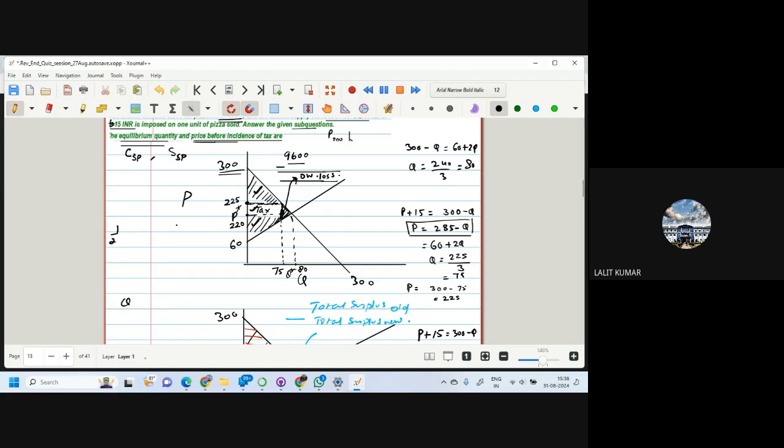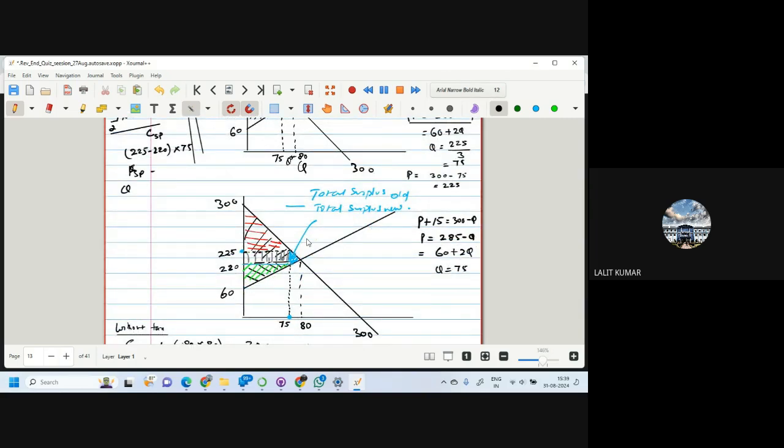So 1/2 into 75 into 75 is the consumer surplus. This part will become the tax, 225 minus 220, that is 15 rupees into 75. We calculate the producer surplus the same way, sum it, and subtract from 9600, so we'll get the deadweight loss.